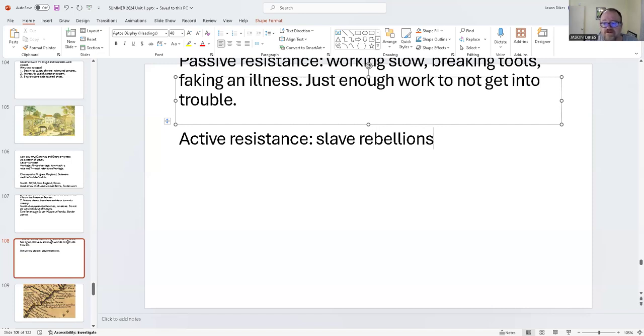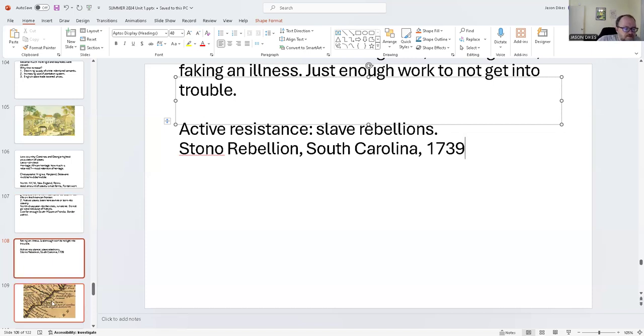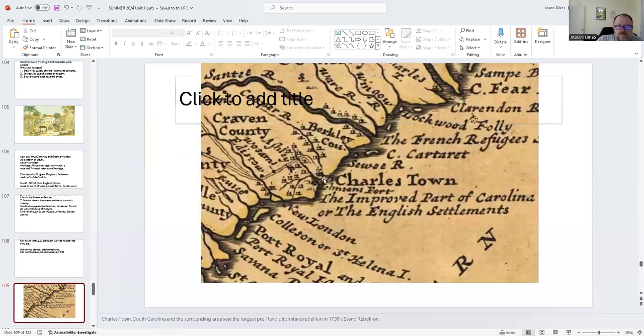But occasionally the slaves would figure out a way to arm themselves and start killing for their freedom. The biggest slave rebellion before the American Revolution was the Stono Rebellion in 1739, South Carolina. This happens here outside of Charlestown.